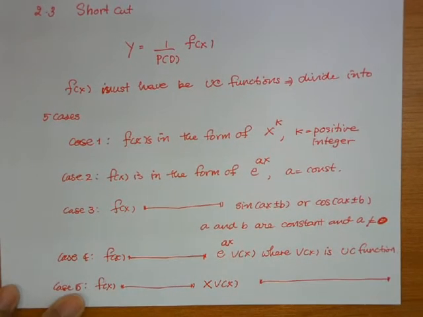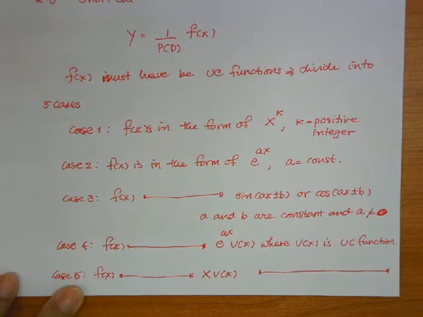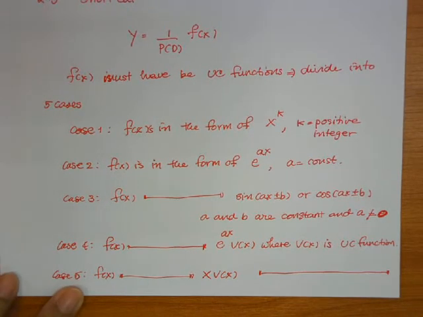For case 4, your f(x) has got to be in the form of the exponential of f(x) times v(x), and your v(x) has got to be a UC function only. So that means v(x) can be a power of x, can be sine, can be cosine.